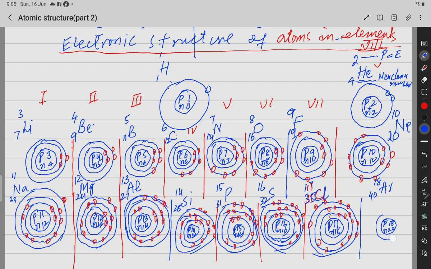First shell, second shell, and third shell. First shell has 2 electrons, second has 8, and third has 8 electrons.